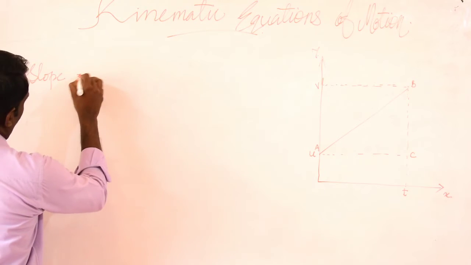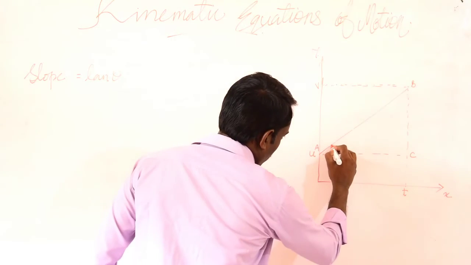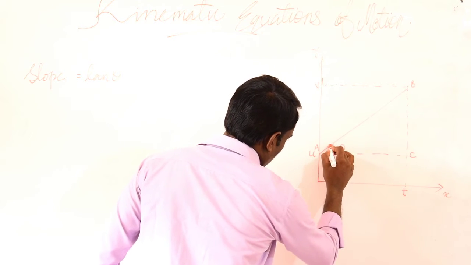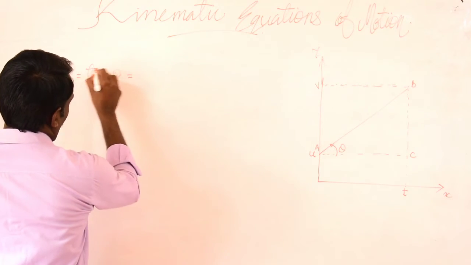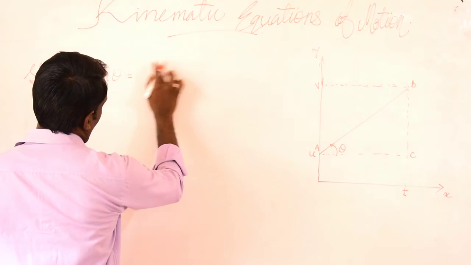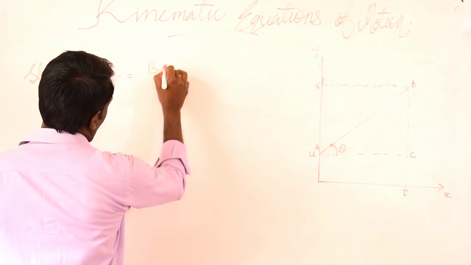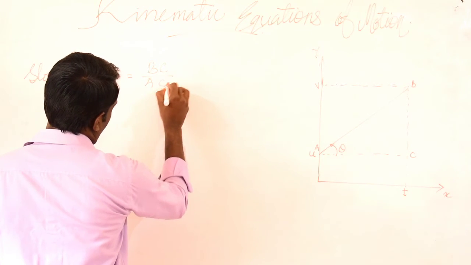The slope is equal to tan theta, and this is the theta angle. The slope gives tan theta, and tan theta is equal to BC divided by AC.